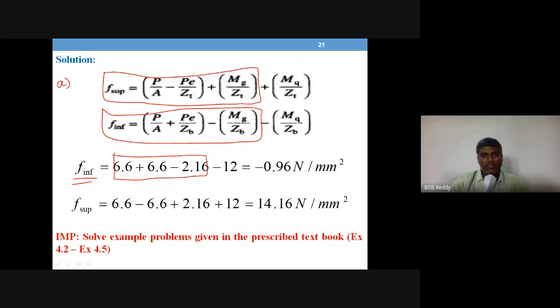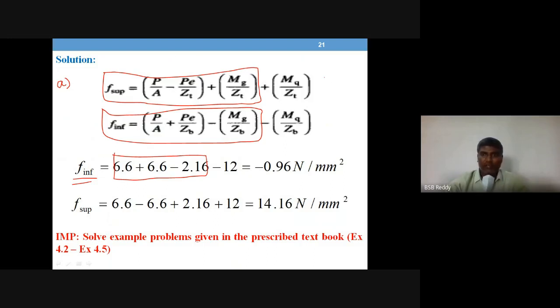So what is it? 6.6 plus 6.6 minus 2.16. Let us see how much it is. 6.6 plus 6.6 minus 2.16 is 11.04 at bottom.